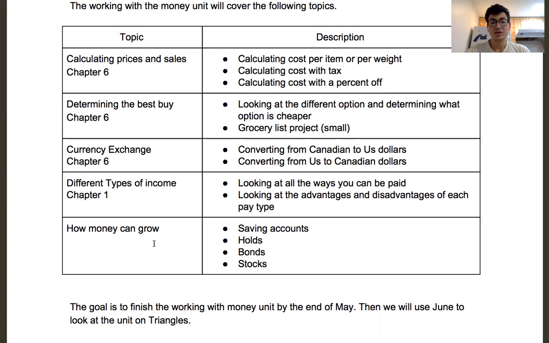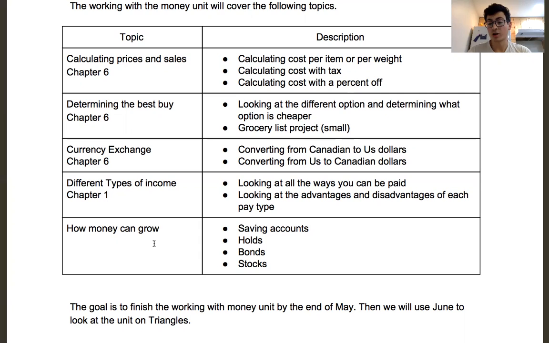And then lastly, I just want to briefly cover ways you can grow your money through savings accounts, bonds, stocks, just things that you can do with your money to grow it over time. This will be a pretty short unit because some of the math can get a bit complex, but I just think it's interesting for you to learn what's out there and the possibilities for how you can grow money over time.